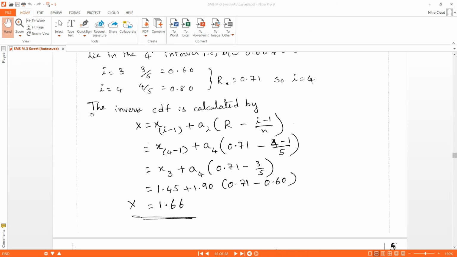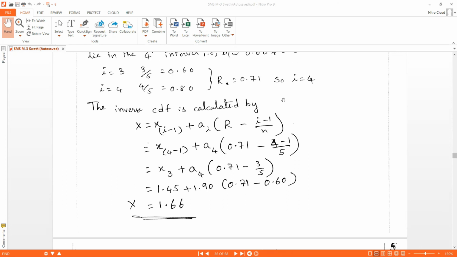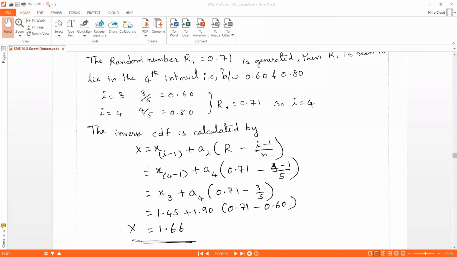The inverse CDF is calculated by using the formula x equal to xi minus 1 plus ai into r minus i minus 1 divided by n. Now we know the i value is equal to 4 when r1 is equal to 0.71.